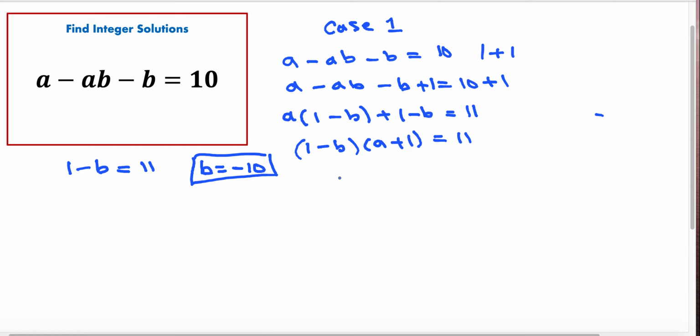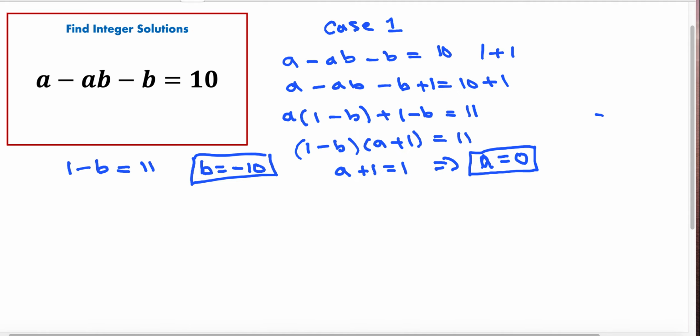So now a plus 1 is equal with 1, because I can write 11 as 11 times 1 is equal with 1 minus b times a plus 1. Minus 1 both sides, so it turns out a is equal with 0. So this is the first set of the solutions.